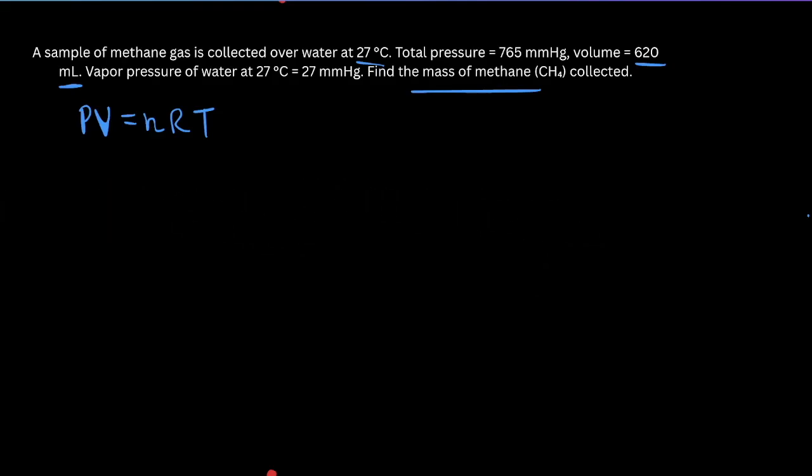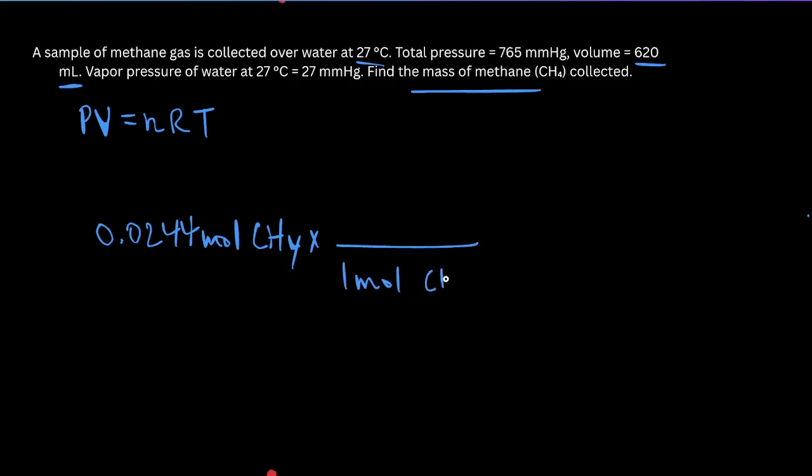So now, simply, we're going to go from the 0.0244 moles of methane that we just calculated using our ideal gas law. We're going to say that 1 mole of methane is 16 grams, right?